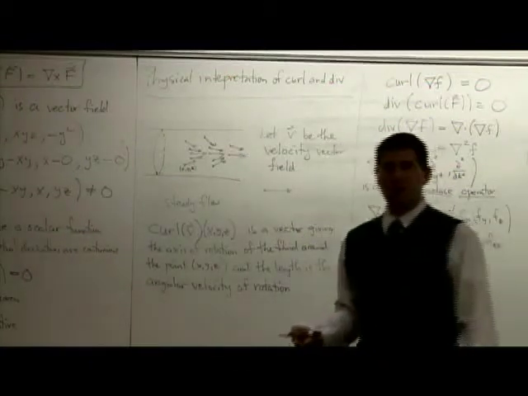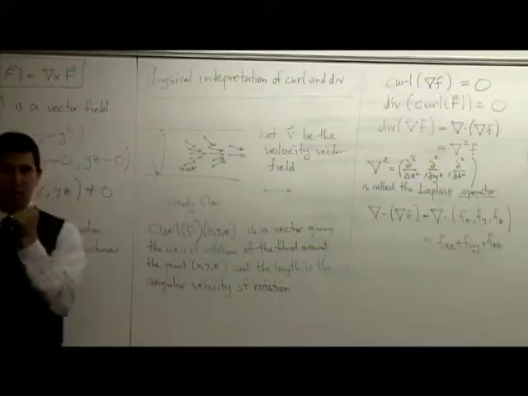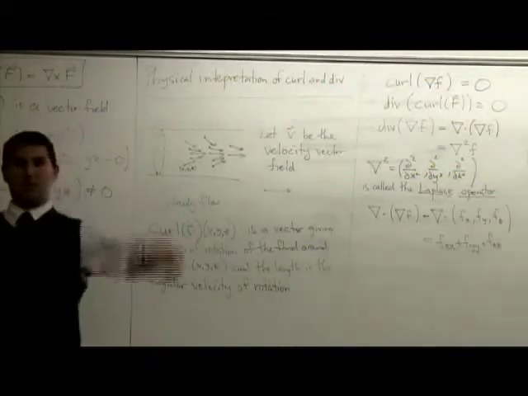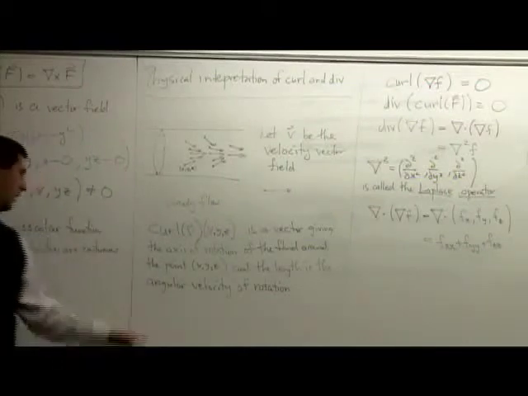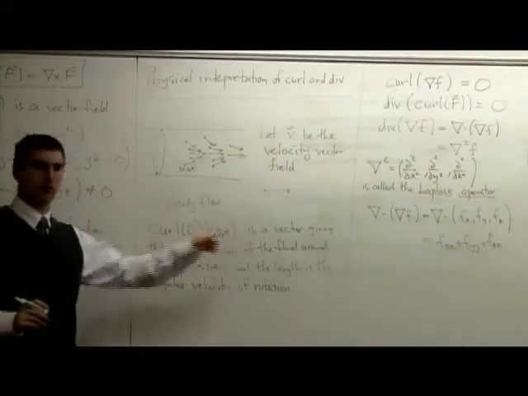So the word curl, you think what's happening is if you have this point, what's the fluid doing? It's kind of curling around. That's the rotation, right? It's going around it. And how fast is it going? Well, that's the magnitude of the curl vector.